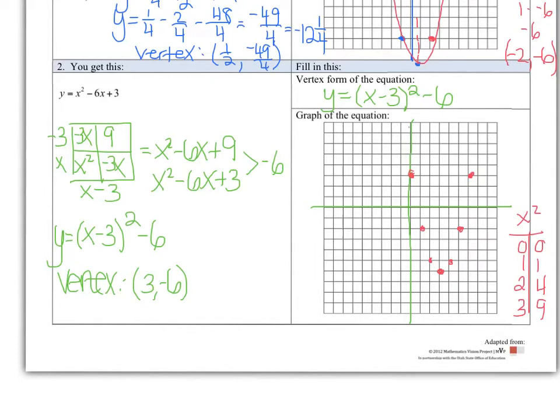So that is enough points for us to connect. Sorry, that was a terrible parabola. But you know what I'm trying to do. You get the point, hopefully. So that's number 2.